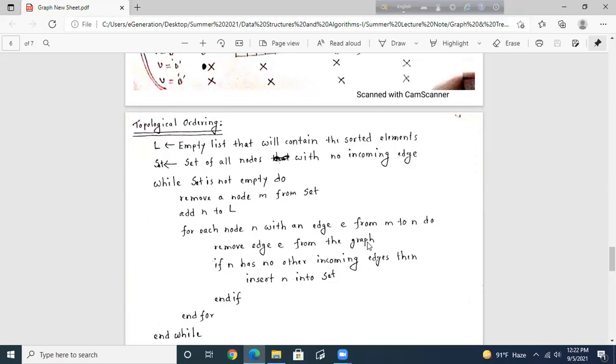If there is a cycle, you are prohibited from getting the topological order, because if the graph has a cycle, we are not allowed to find the topological order. So this is the topological order. I hope that you have understood what I said.